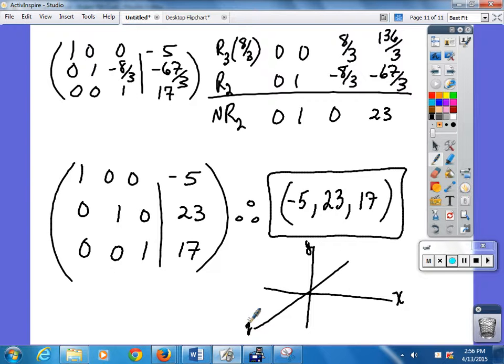So -5 is 1, 2, 3, 4, 5, and then 23 in the y direction would be up here, and then 17 will be this direction, and then 17 down here, and straight up.